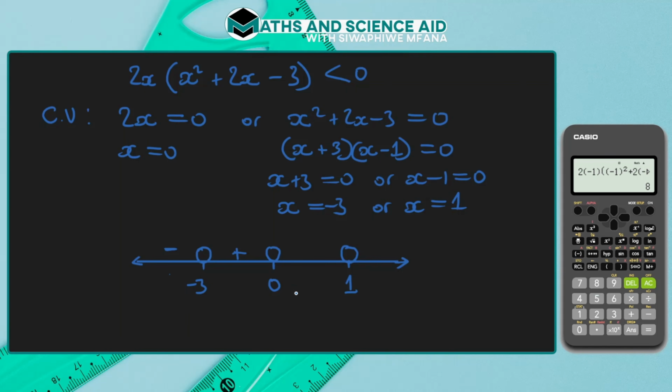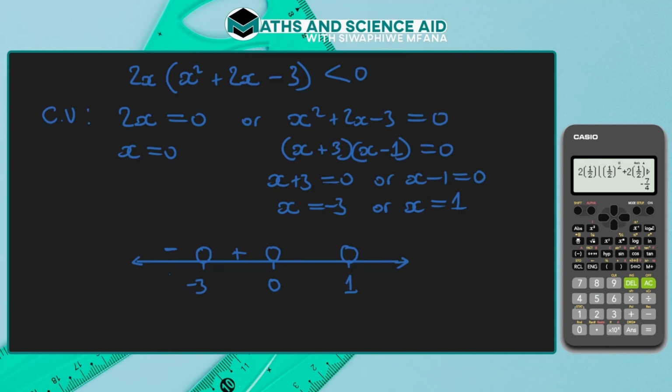And now we need to take a value that is between 0 and 1. So maybe we can use a half. So we'll have 2 multiplied by half, and then here we have a half squared plus 2 times the half minus 3. So what do we get?